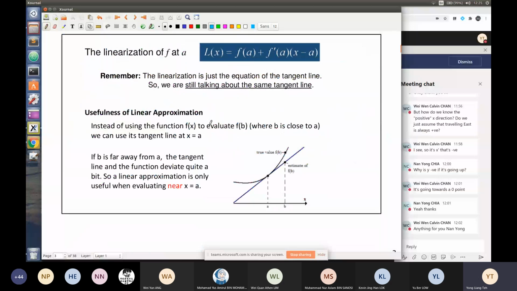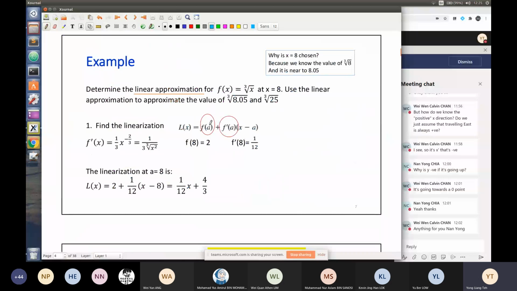So let's look at an example first before we discuss further. We want a linear approximation for the function, the cube root of x, at x equals 8. At x equals 8, we know the cube root of 8 is just 2, which is very straightforward. But the point here is to use the linear approximation to approximate the value of the cube root of 8.05.